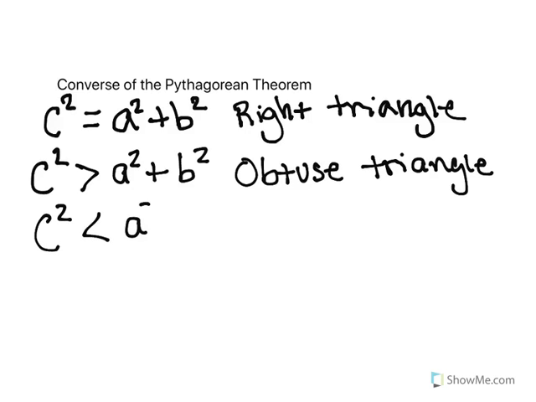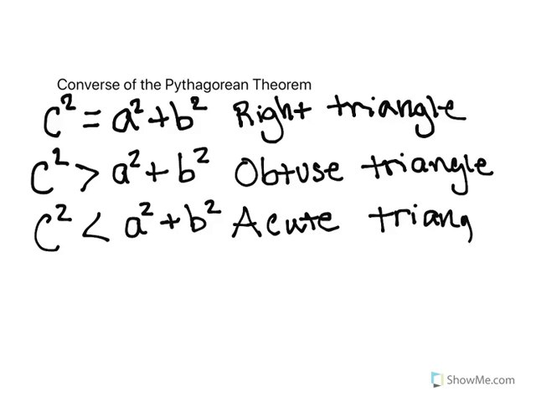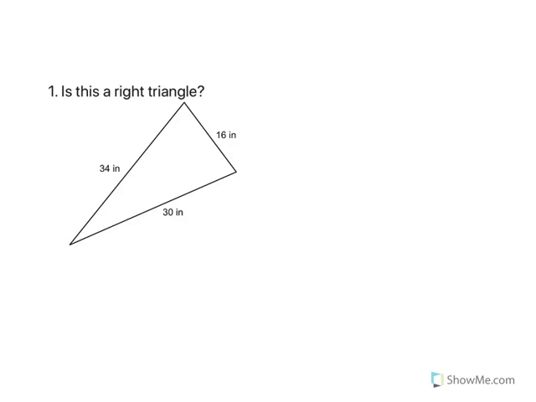If, when we test it, c squared is smaller than a squared plus b squared, then that triangle is an acute triangle. So let's test out a few triangles. And this is something you want to have memorized. A right triangle, c squared equals a squared plus b squared. For an obtuse triangle, c squared is greater than a squared plus b squared. And for acute, it's less than.